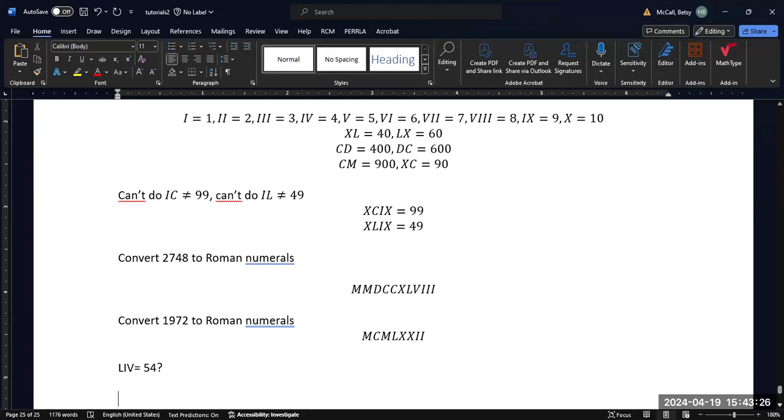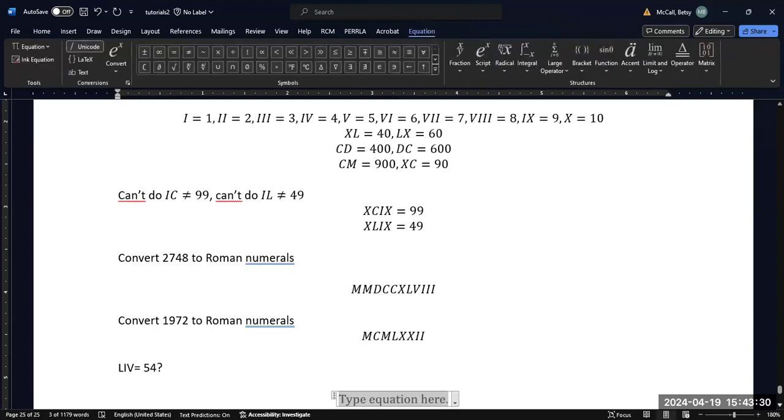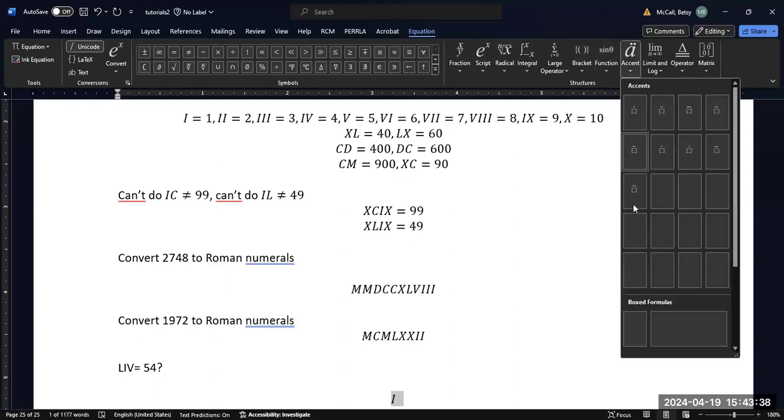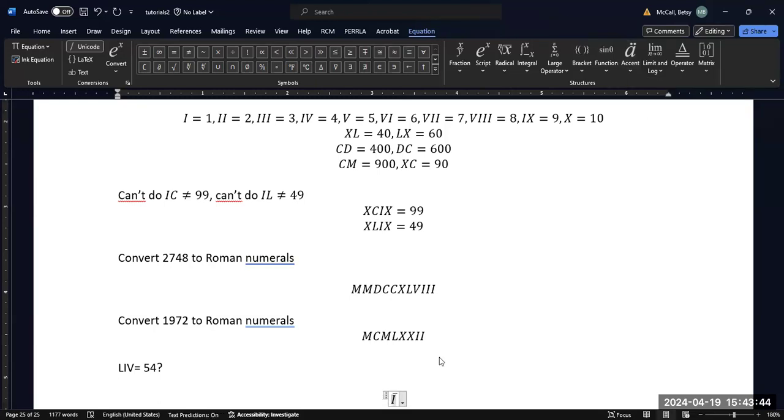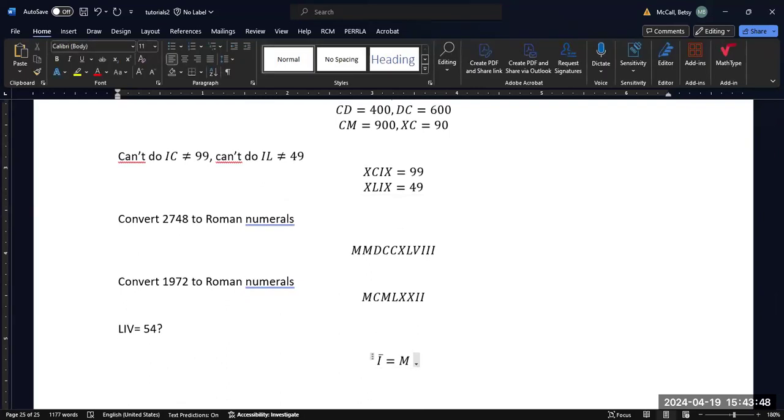So I times 1,000, I with a bar over it, is equal to M. And so that's because it's 1 times 1,000.